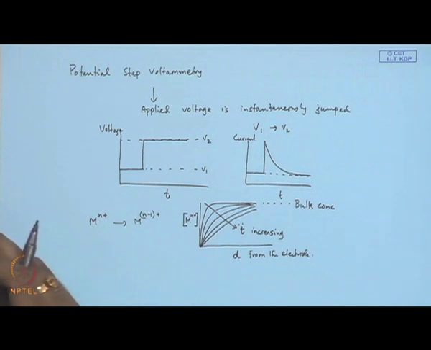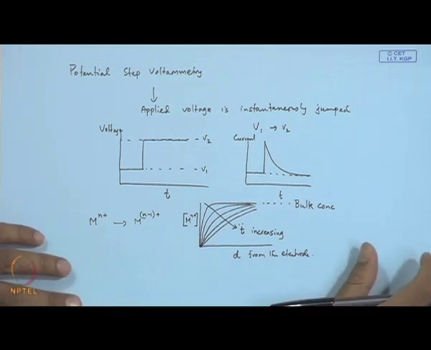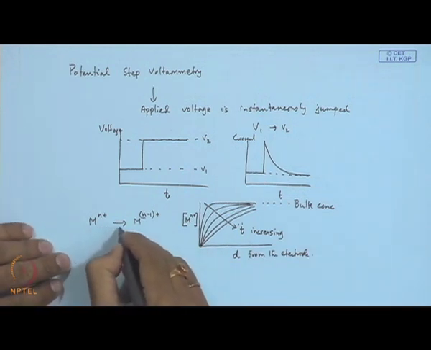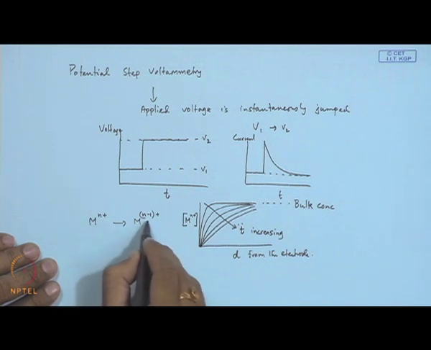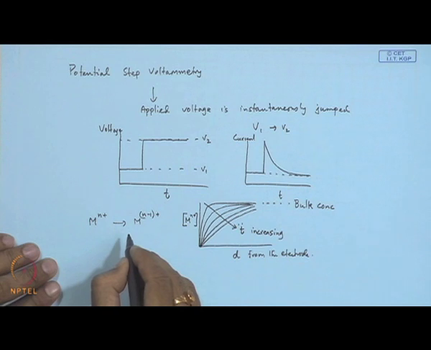Okay, so this is one way. Usually the voltage range is set such that the reduction of Mn+ to Mn-1+ is thermodynamically unfavorable.